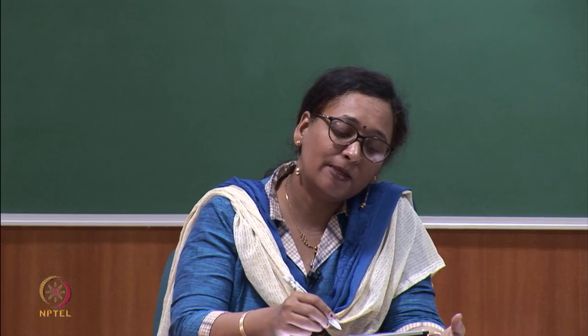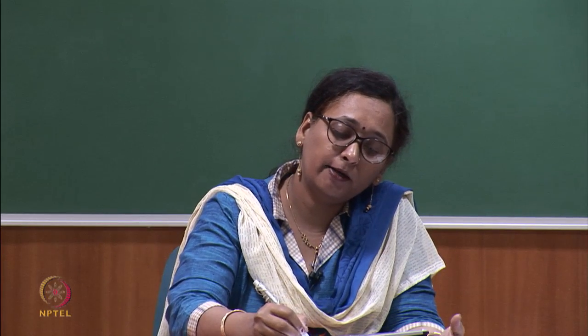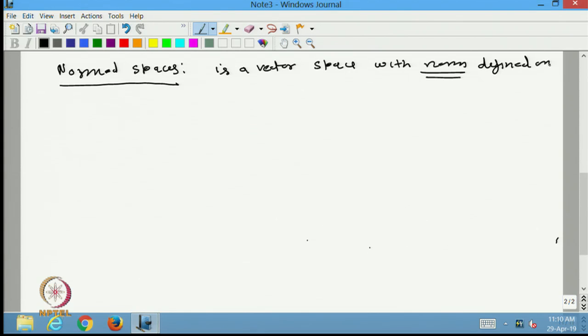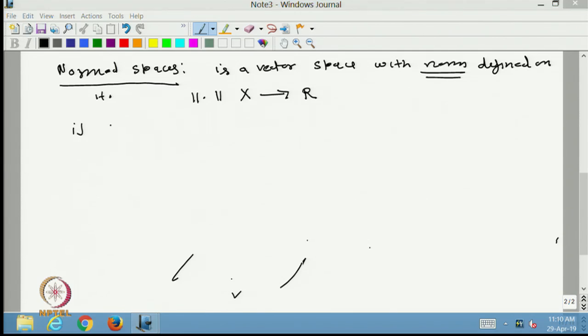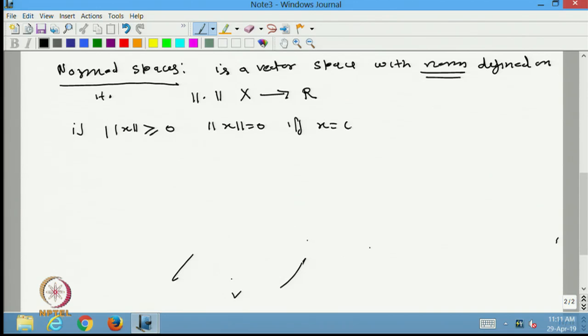So basically a normed space is a vector space with a norm defined on it. More mathematically, the norm is a function from the vector space X to R which satisfies the following axioms. And norm of x is 0 if and only if x is 0.